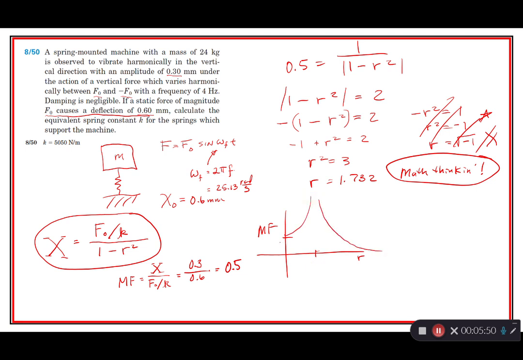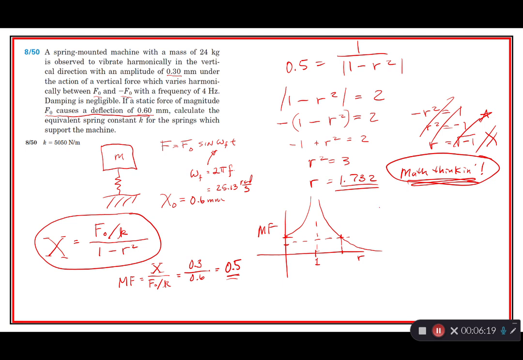Notice that we have a magnification factor of 0.5, which is down there. So it obviously has to be in the negative space over here. That's why we found this right here. But we had to be doing math thinking to have that happen.